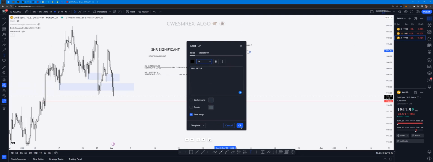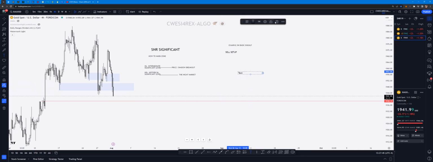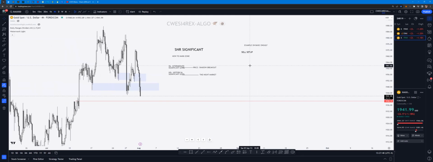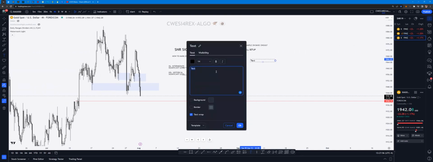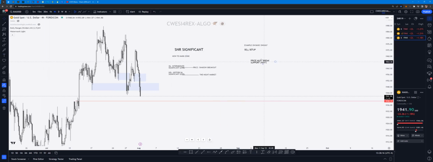We are going to treat the sell setup first. With the sell setup, price must break support, and that's the hint. When you see price breaking support, price is telling you it's going to go lower.